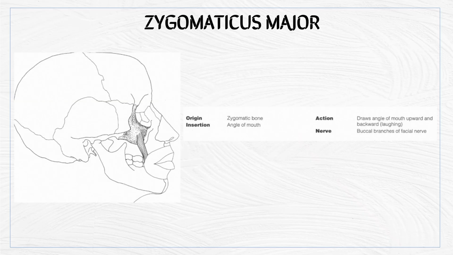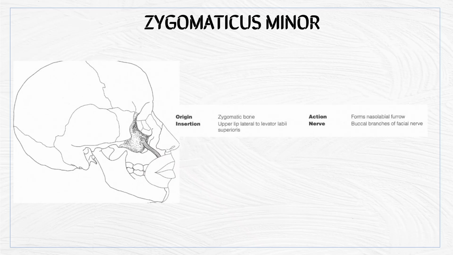Then the zygomaticus major muscle originates from the zygomatic bone and gets inserted into the angle of the mouth. So it draws the angle of the mouth upwards during laughing and is supplied by the buccal branch of facial nerve.